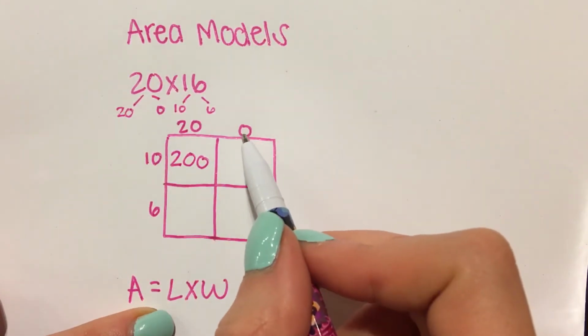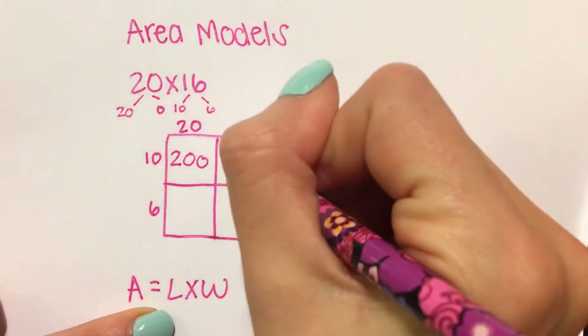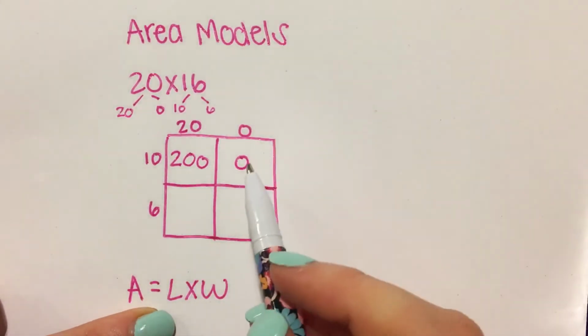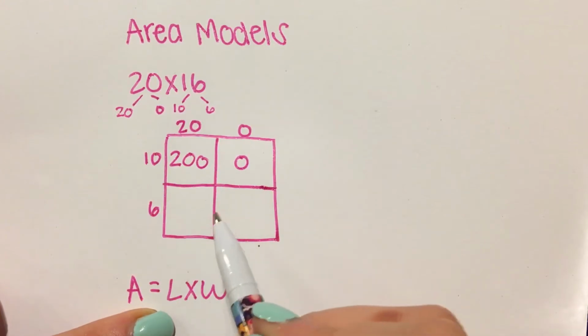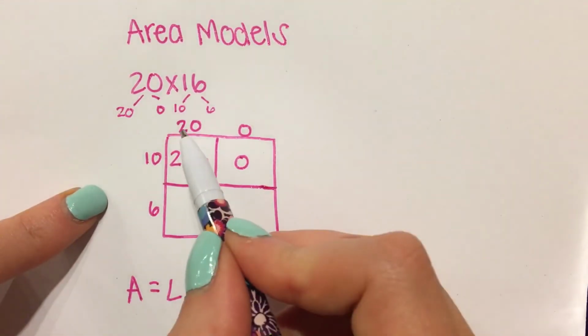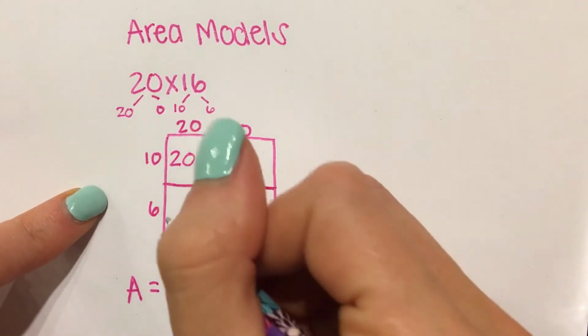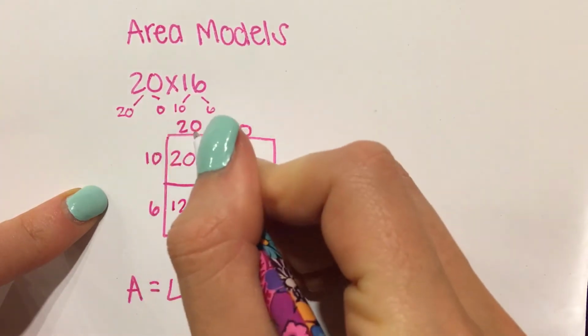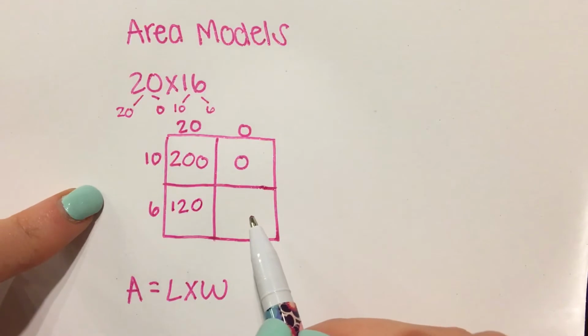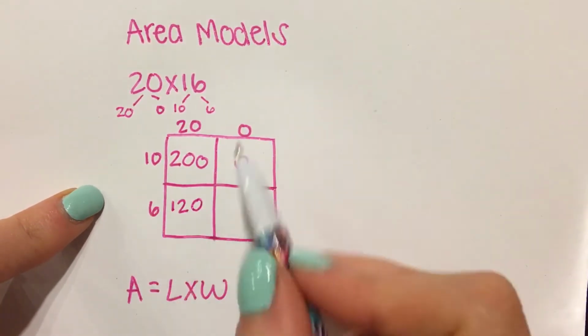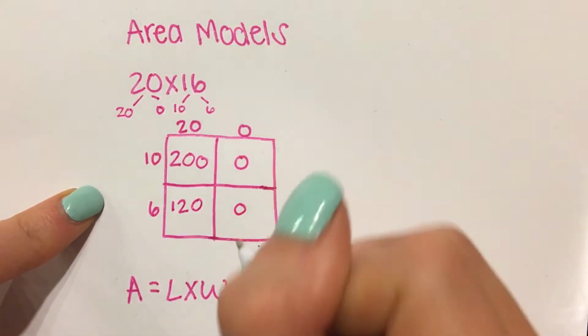I know that anything times 0 is going to equal 0. So square number 2 is going to equal 0. Square number 3, I look up, I have 20 times 6. I might not know what 20 times 6 is, but I do know that 2 times 6 gives me 12. And then I have 1 zero up top to give me 120. And the last one, square 4, 0 times 6. Anything times 0 is going to give you 0.